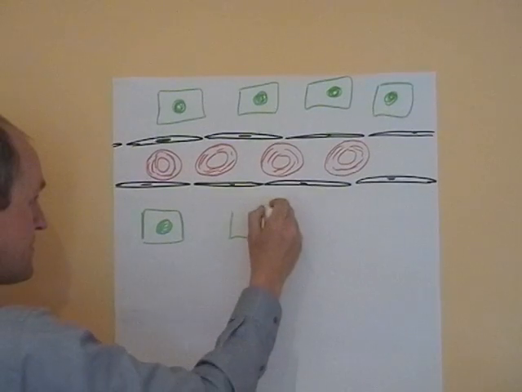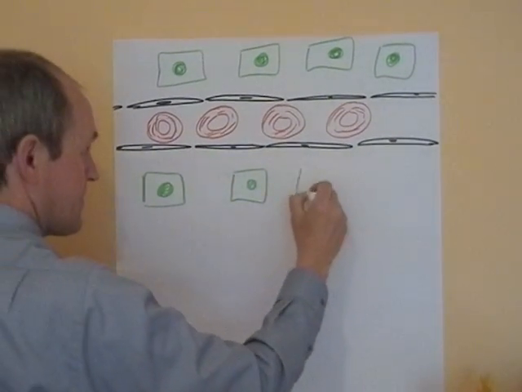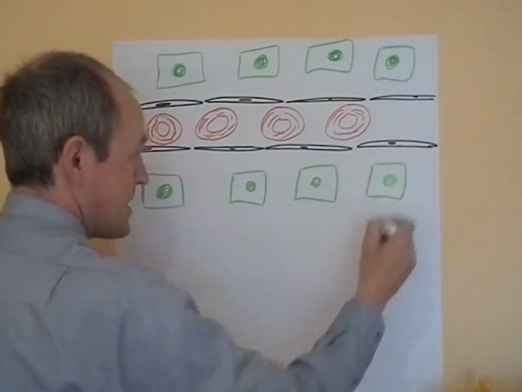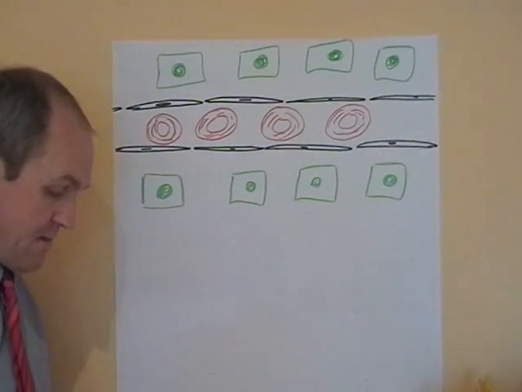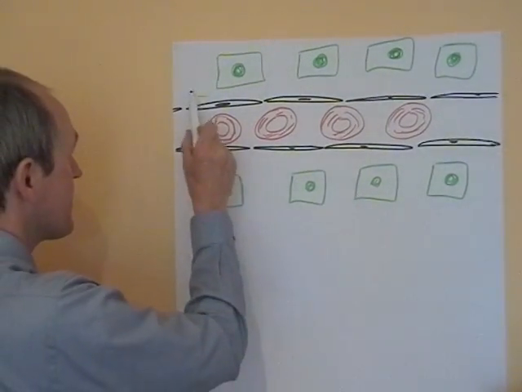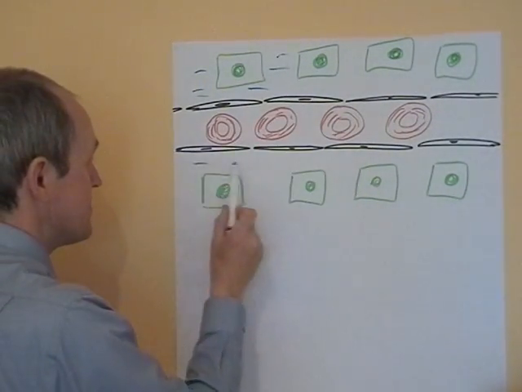Here we have the tissue. Of course, the cells and the tissues aren't dry, they're moist, they contain tissue fluid. So the cells are bathed in tissue fluid.